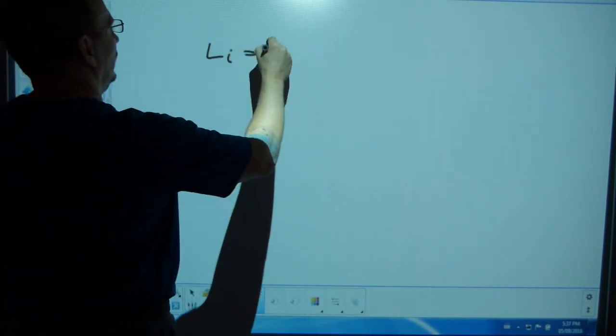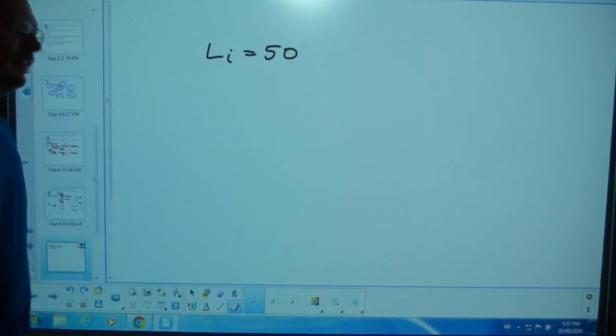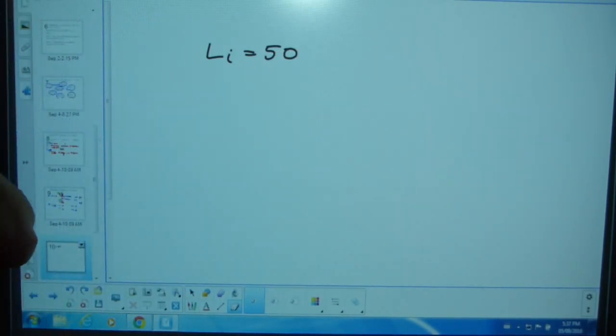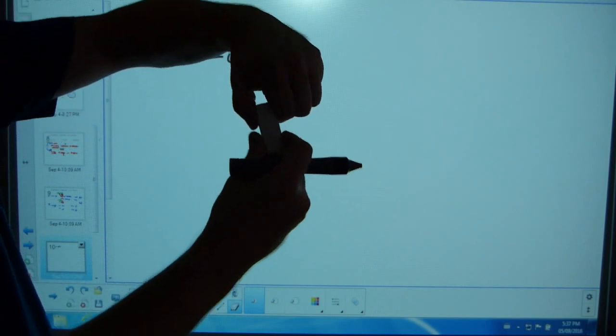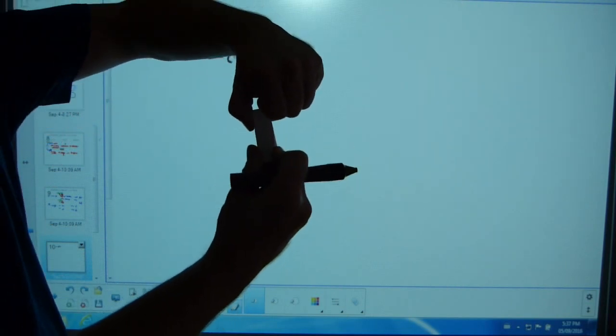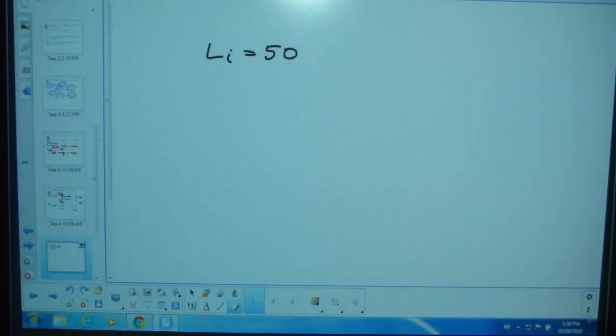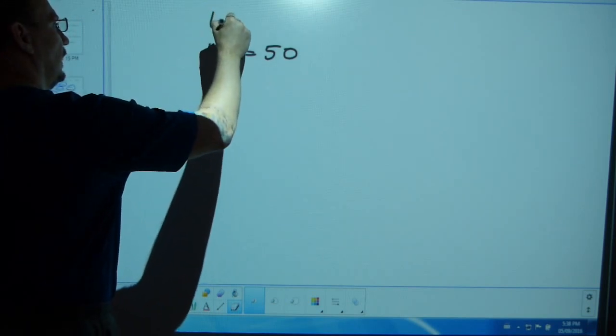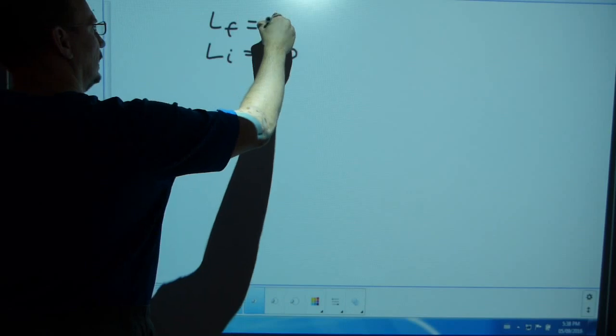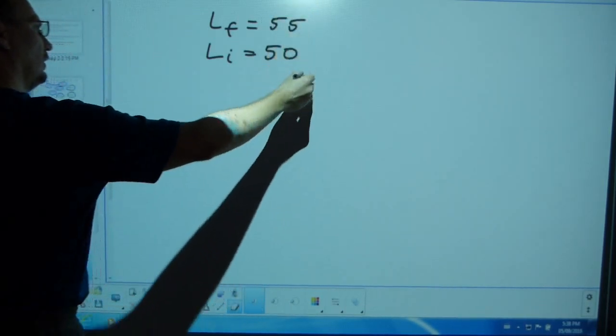Say the initial length of the eraser is 50 millimeters. Everything is millimeters, okay? I'm not going to print mm everywhere. Initial length is 50. Say I stretch this thing and it elongates under some tensile force, and its final length is 55.